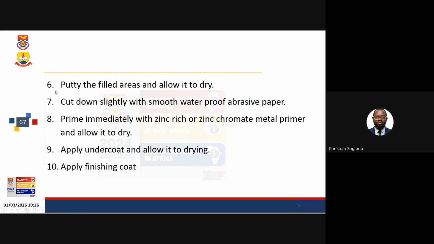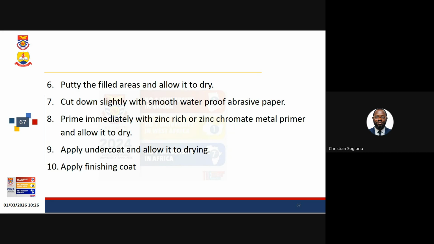And I want to know the meaning of that putty. Is it a chemical or something? It means applying putty to a surface to smooth or seal it, then waiting for it to dry before further work. Okay.